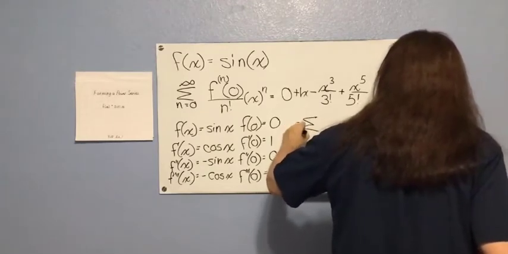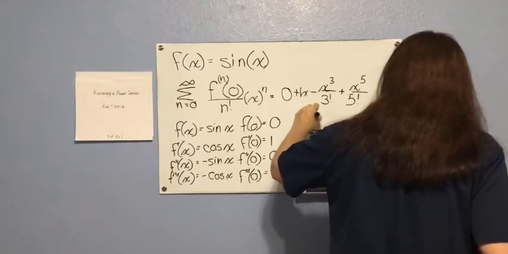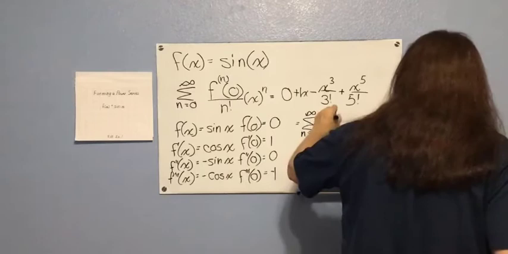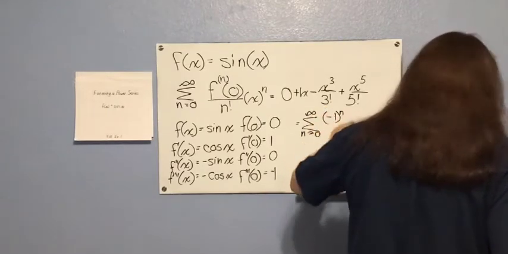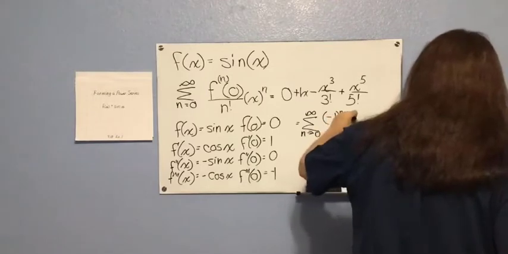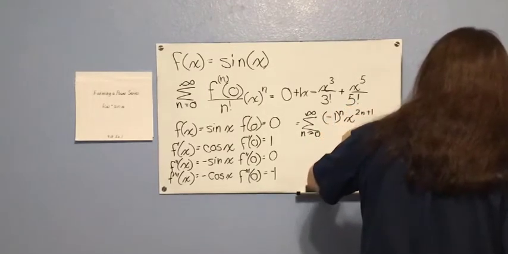And then I can sum this up. Negative 1 to the n power times x to the 2n plus 1.